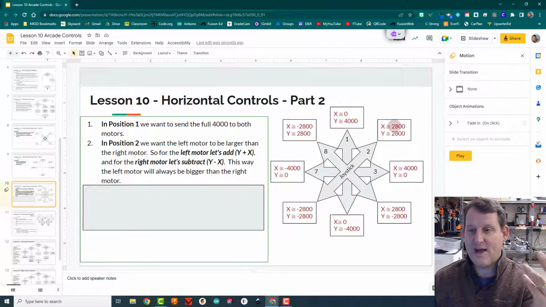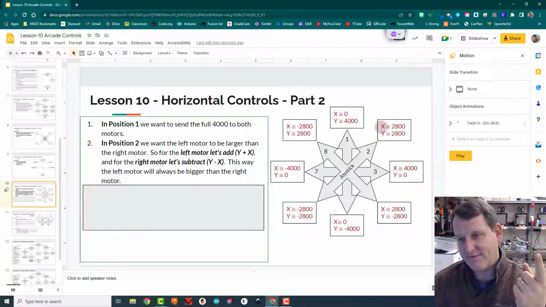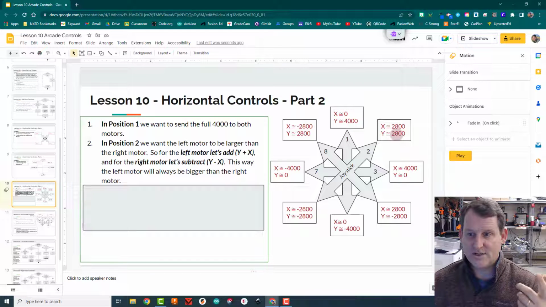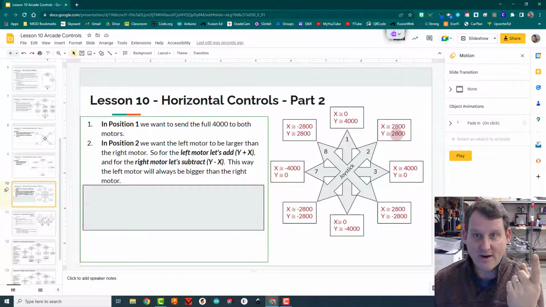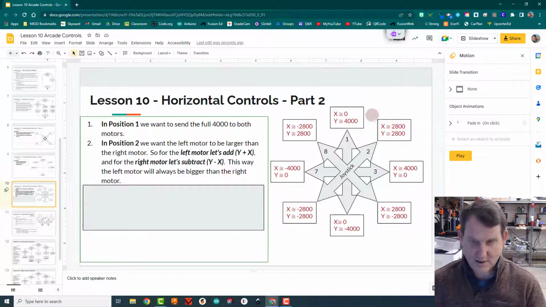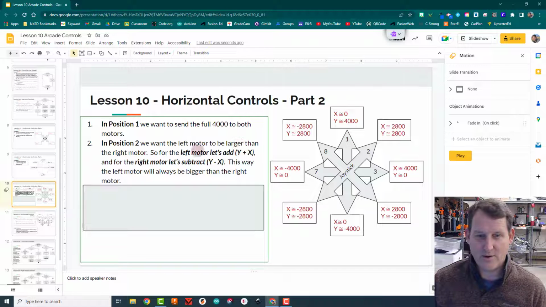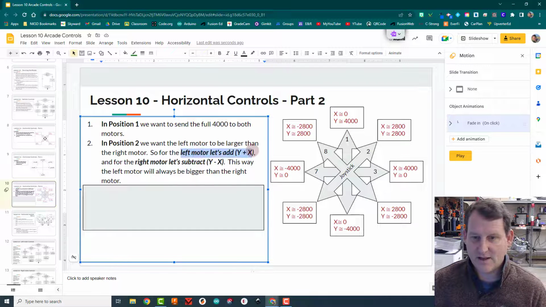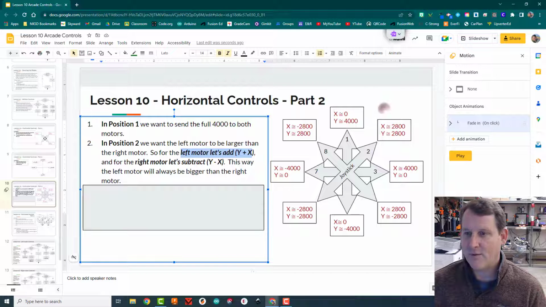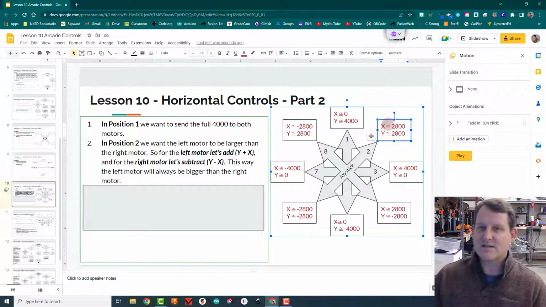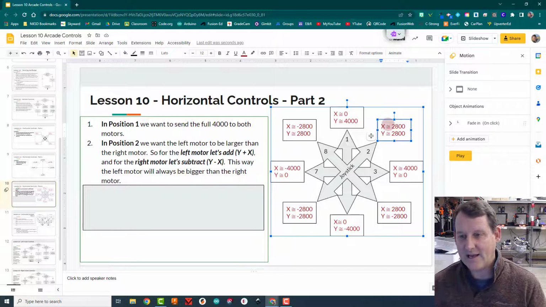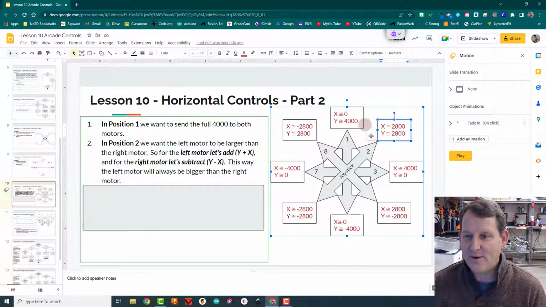All right, so let's play with this. The only things we have left are adding, which if I add x and y together, I get like 5,600, which is a big fast number, more than our high speed, and that's what I want my left motor to be. So it looks like we might want the left motor to be y plus x. That might work. But then the right motor we want to be slower. So instead of adding them together, what if we just did y minus x?